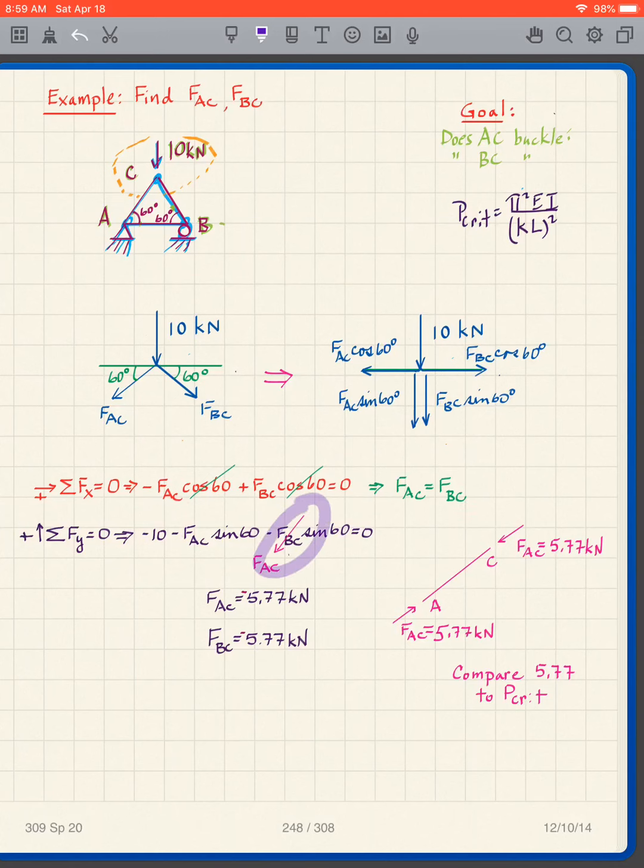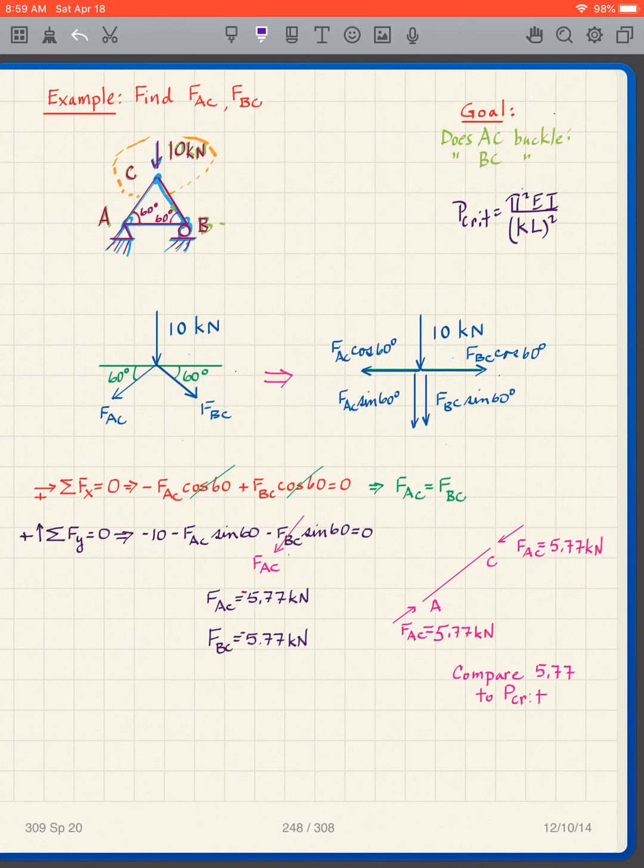I put in FAC for that one, and I get that FAC and FBC are the same, and they're both negative. What does that mean? If they're negative, then these directions reverse, and now they're pointing toward the body, toward the point, and that means that we have compression.